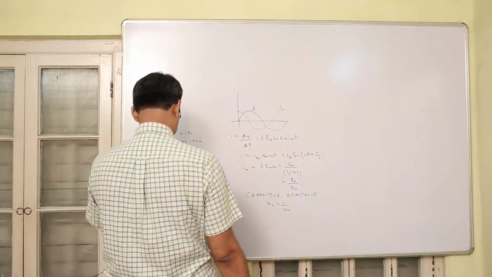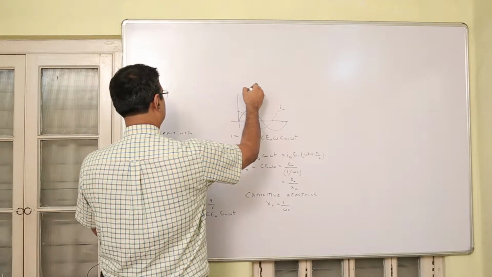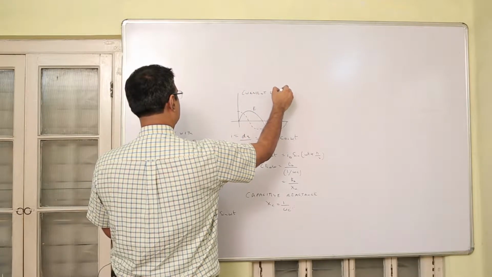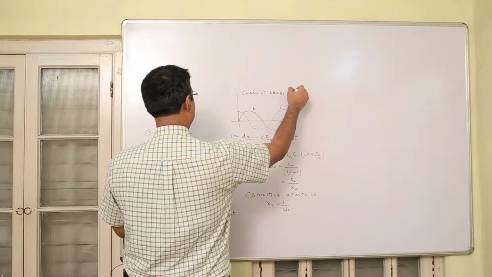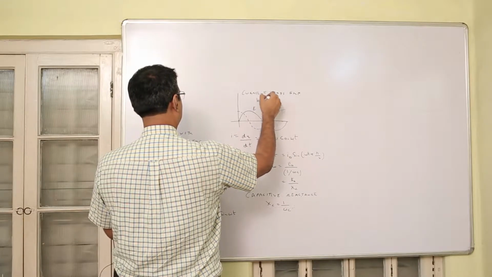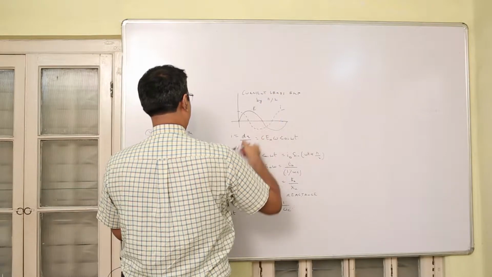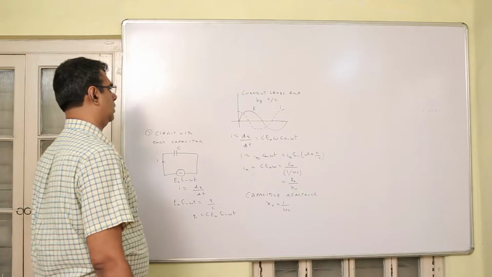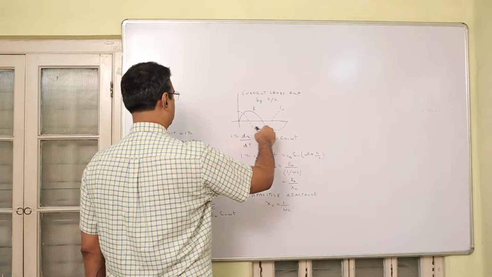So we say that current leads EMF by pi by 2.